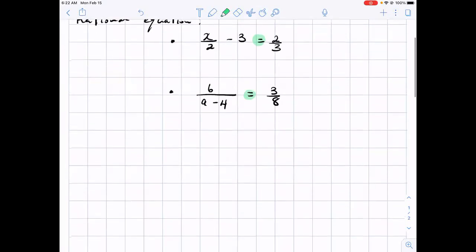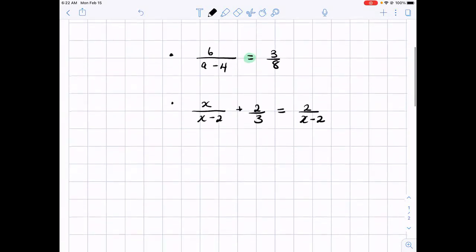Or we can have something a little bit more, I would say, longer. We have x divided by x minus 2 plus 2 over 3, and that is equal to 2 over x minus 2. Okay. Or we can also have something, and once again, the equal sign makes it the equation.